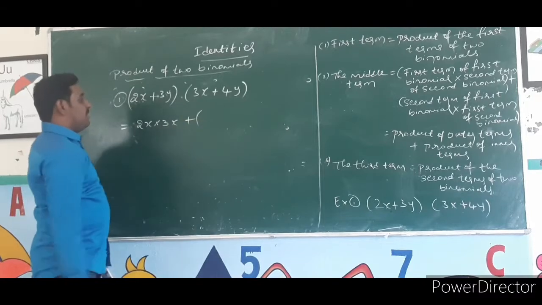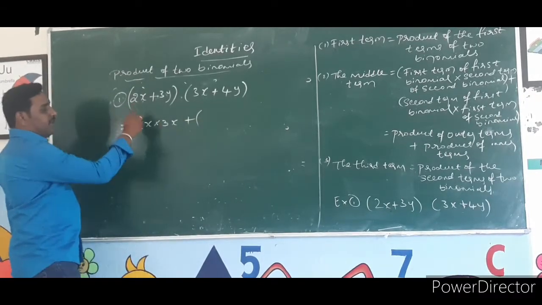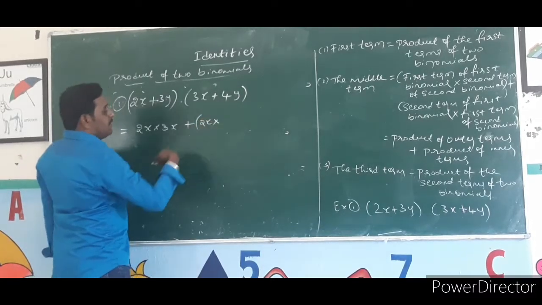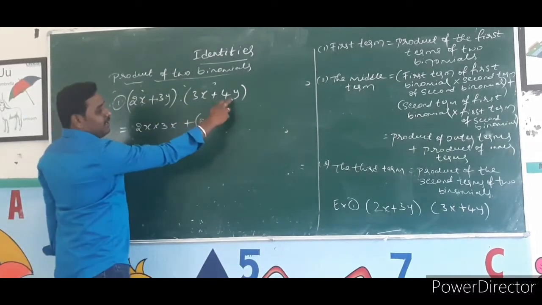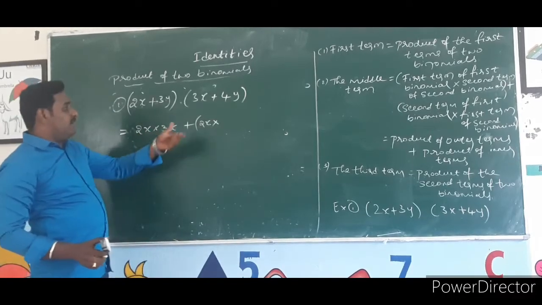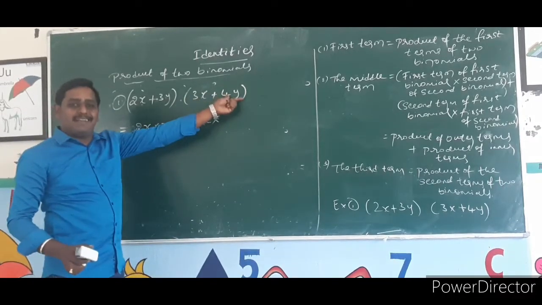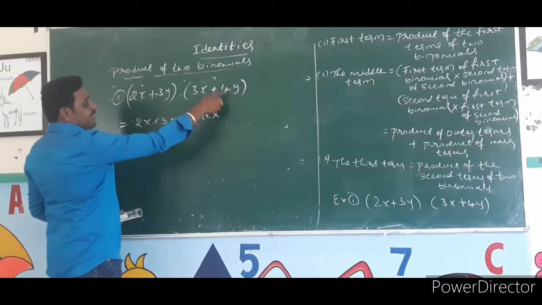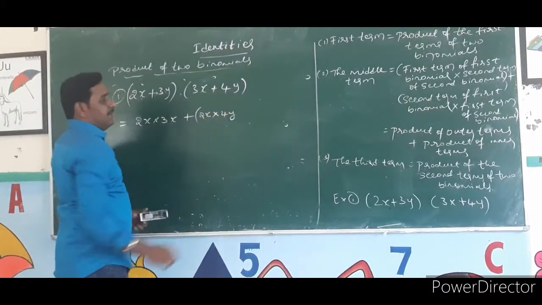So here, look. The first term in the first binomial is what? 2x, into the second term of the second binomial. While we are considering a binomial, this is the first term and this is the second term. So the first term is 2x, the second term is 4y.